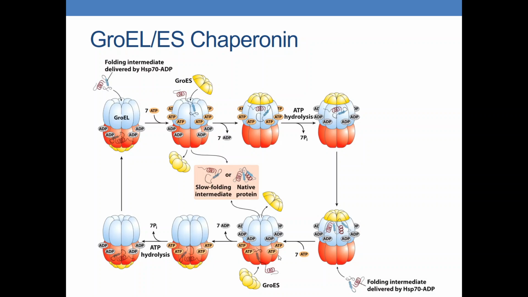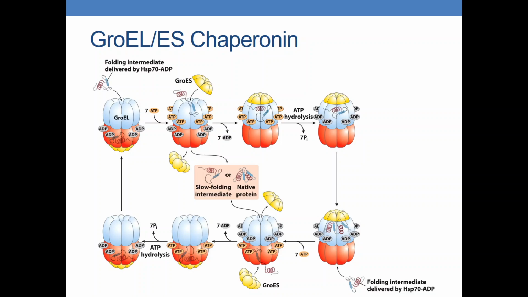But at this point, the substrate that bound to the other end can undergo the same sort of remodeling. So ATP is going to be hydrolyzed. At this point, ATP hydrolysis to ADP can lead back to where we started. Okay, so all of this occurs through conformational changes that are driven by ATP hydrolysis.